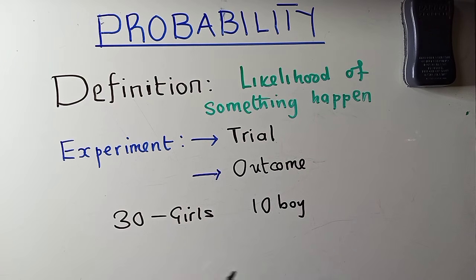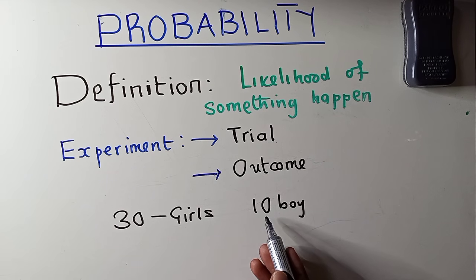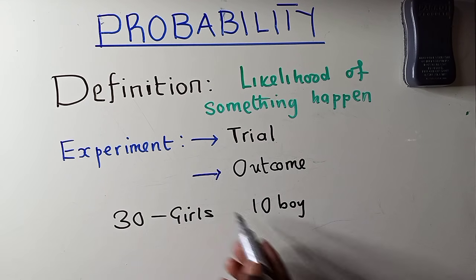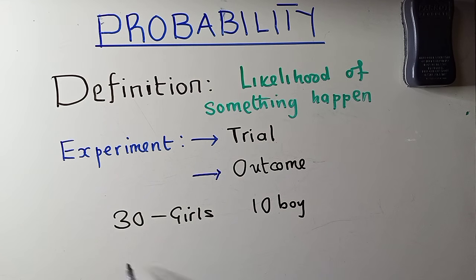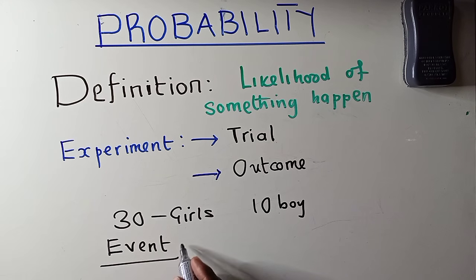So now, when you've been asked to find the probability of picking a boy, that probability you found, we call it an event. This is an event, and these are the few things that you must be aware of when it comes to probability.